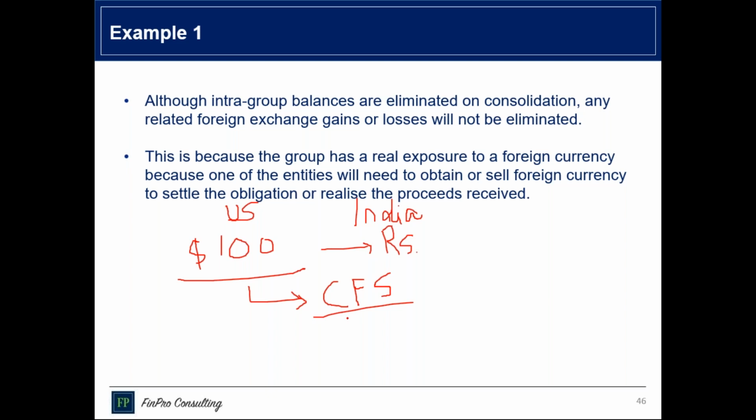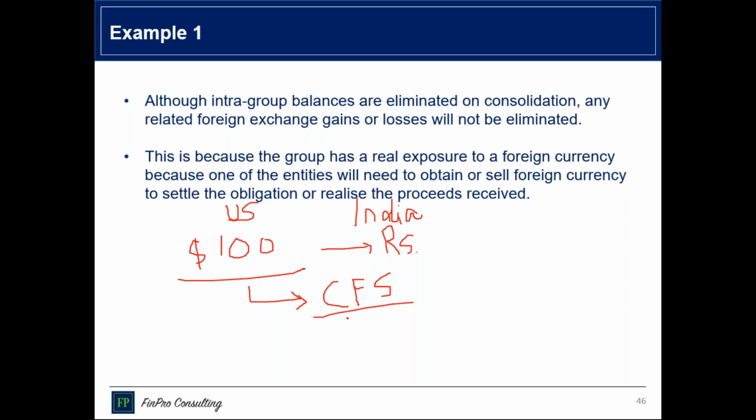Now we have all studied in the past that in case of consolidated financial statements, we have to eliminate the intercompany balances as well as transactions, right? Now $100 receivable from India and $100 payable from India to US. This is an intercompany balance, which I completely agree has to be eliminated on consolidation.